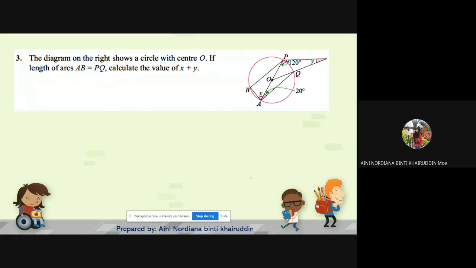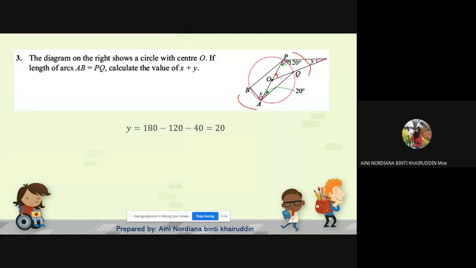Question number 3. The diagram on the right shows a circle with center O. If the length of arc AB equals PQ, calculate the value of x plus y. So y equals, okay, first you need to calculate this angle.